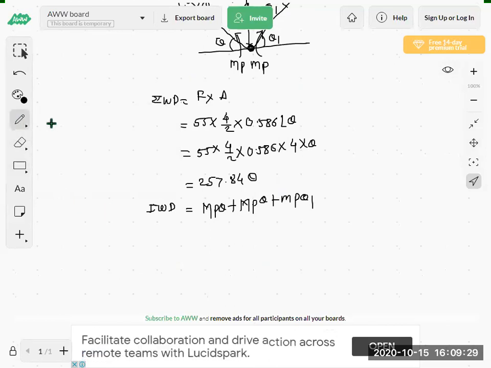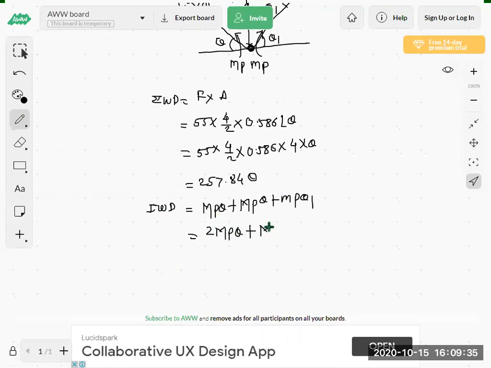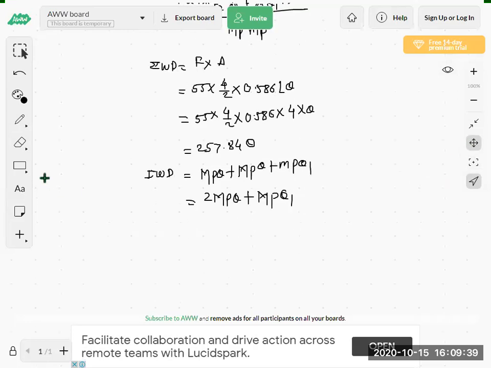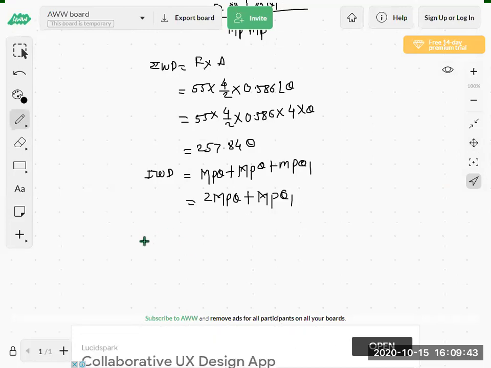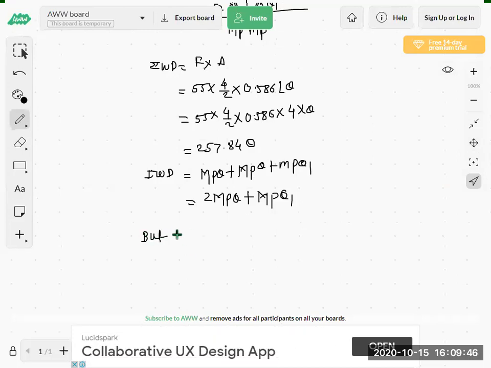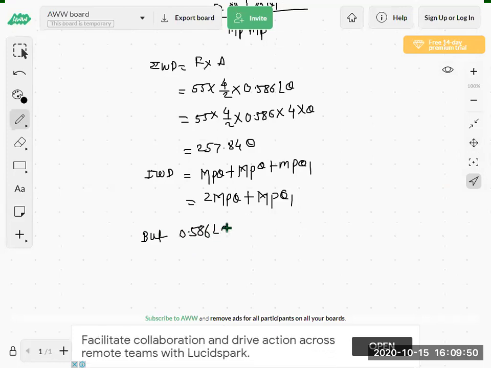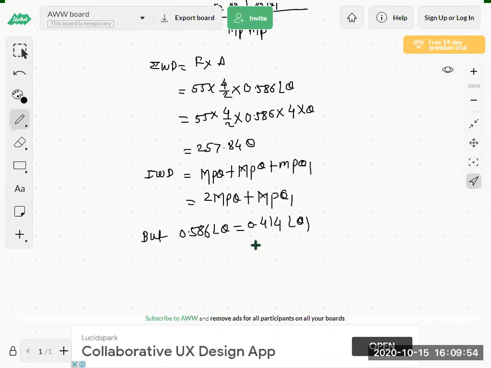It means 2 MP theta plus MP theta 1. But here 0.586 L theta is equal to 0.414 L theta 1.